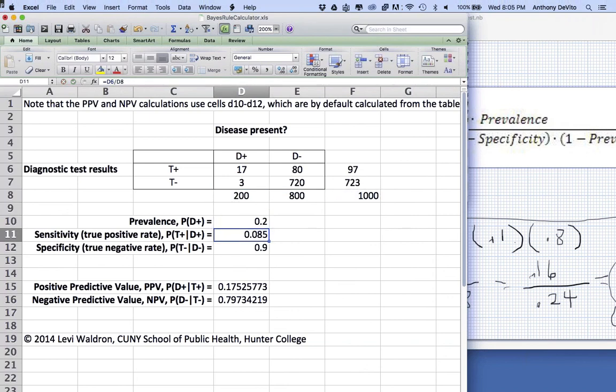Okay, there's our prevalence, 20%, 200 over 1,000. And this is equal to this minus the 200.